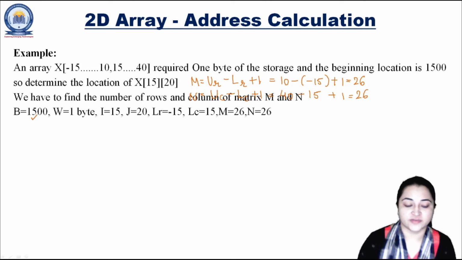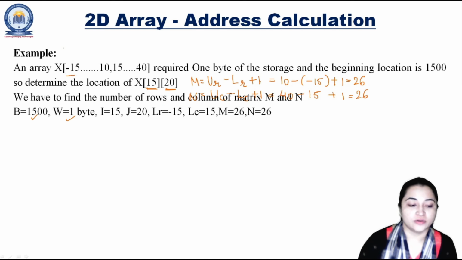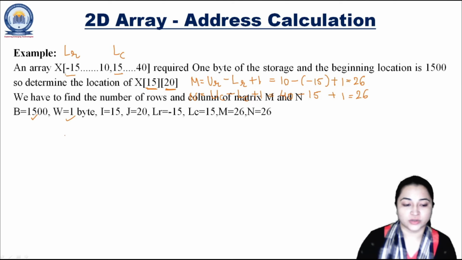So now let us have all the values together. Base address is given as 1500, size of element is 1 byte, I to be found is at index 15, J is at index 20, lower bound of row is minus 15 and lower bound of column is 15. So we need all these values in order to calculate the address for the row major and column major systems.